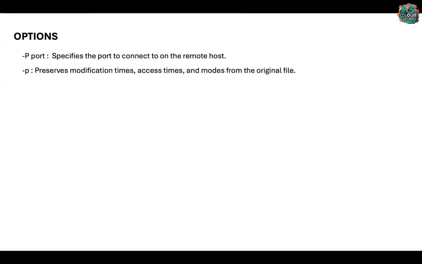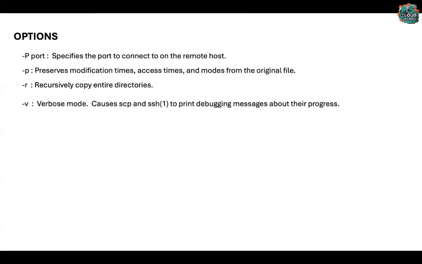Small p preserves the modification time, access time, and mode of the original files. -r is used to recursively copy an entire directory. If you are trying to copy a directory from one location to another location, that directory may have folders, subdirectories, and files, so it will copy the entire directory.